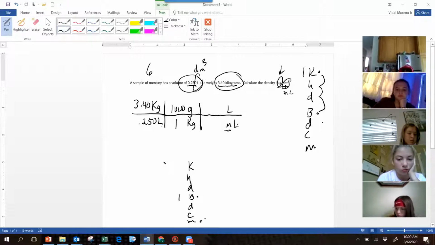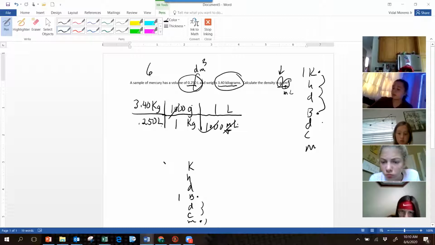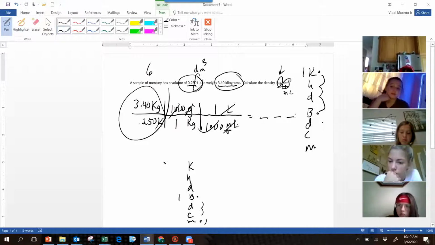The base gets the 1, 10, 100, 1,000. Oh, look at this. No, that doesn't cross out, but the 1,000 crosses out. And that doesn't cross out, but the liters cross out. So basically, it's that number, and it's just divided. See that, Michael? Yes. And how many sig digs should it have? 3.